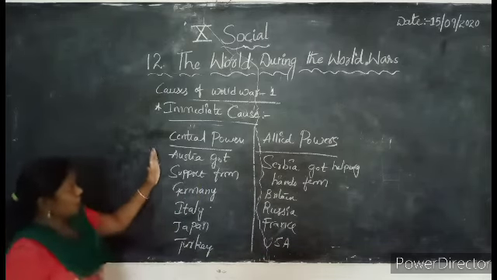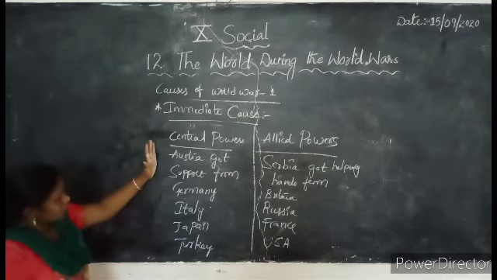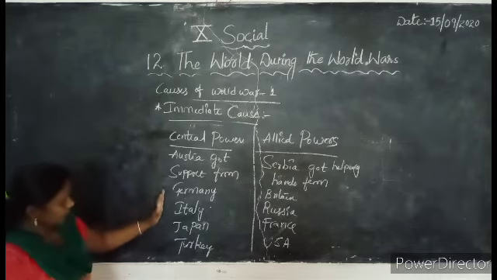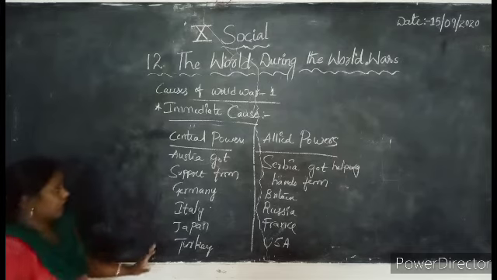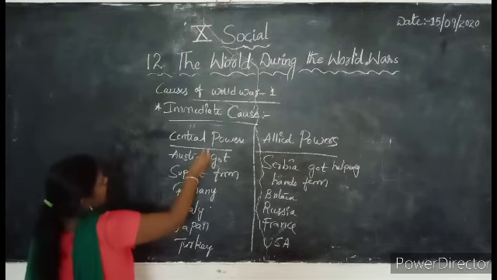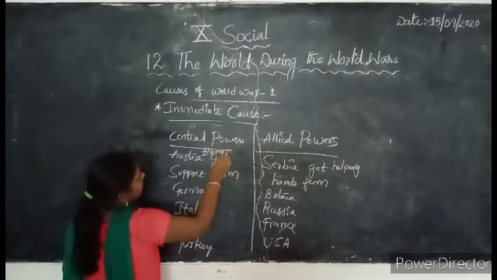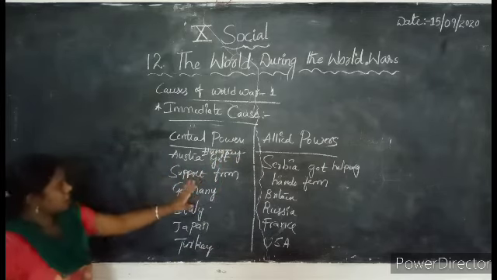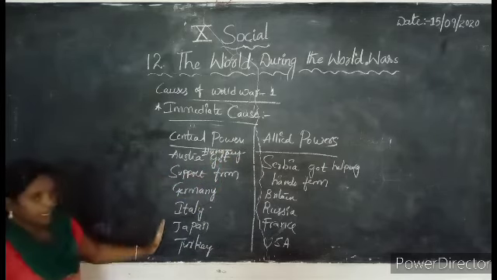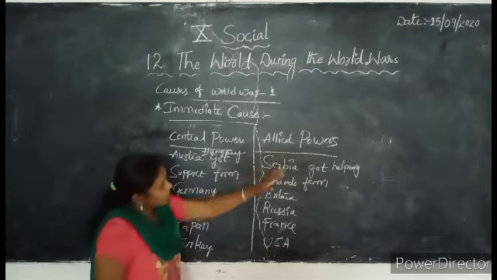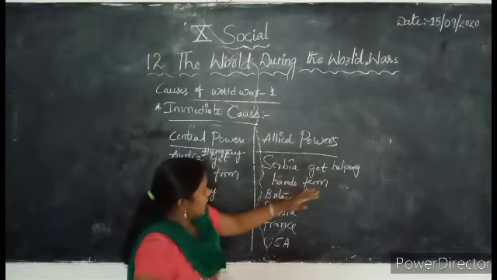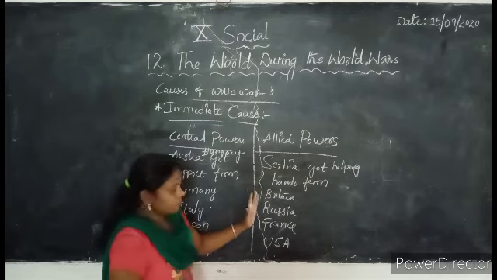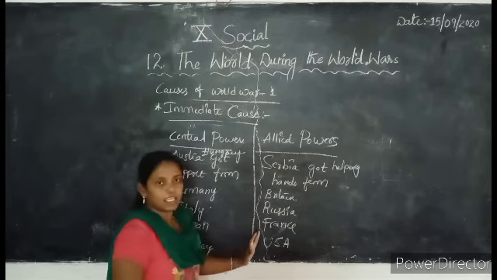So you have to remember central powers are what? Austria, Germany, Italy, Japan and Turkey. Here you can also write Hungary. So Austria-Hungary got support from Germany, Italy, Japan and Turkey. The Allied powers were Serbia, which got helping hands from Britain, Russia, France and the USA.